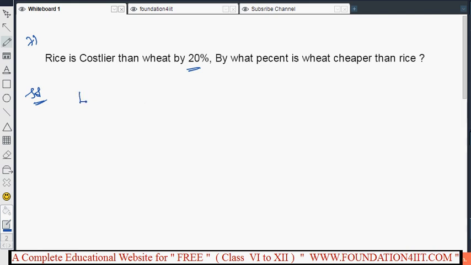Let the price of a certain quantity of wheat be rupees x, take some x.